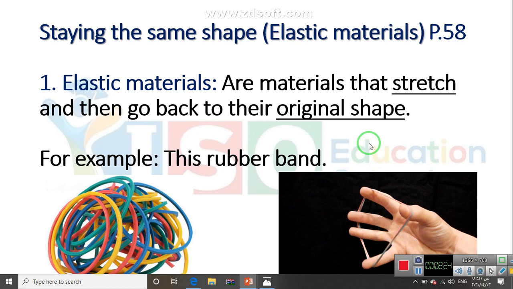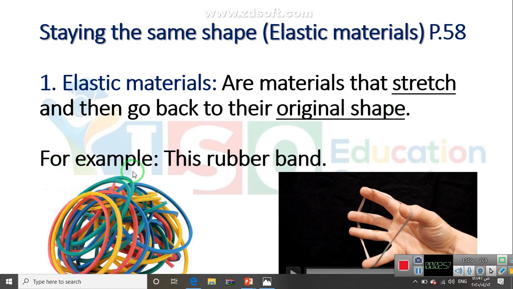So I want you to repeat after me kindly. Elastic, elastic, elastic. And I want you to read with me. Elastic materials are materials that stretch and then go back to their original shape.